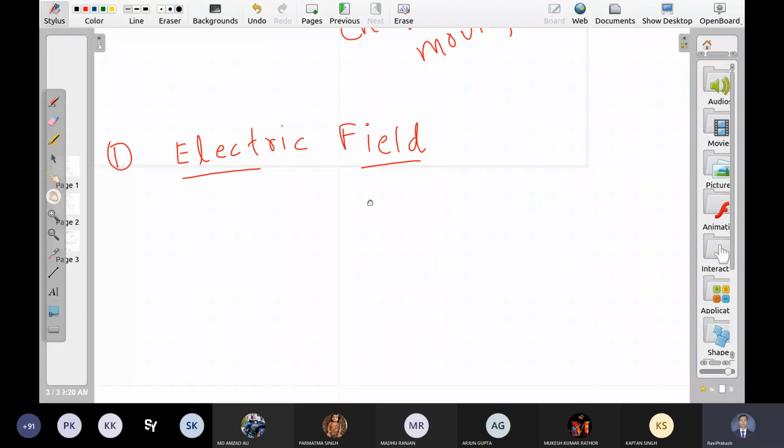So first we are dealing with the simplest part. No magnetic field is there, only electric field is there. So this is some charge Q, and because of this charge, it creates a kind of environment around it.